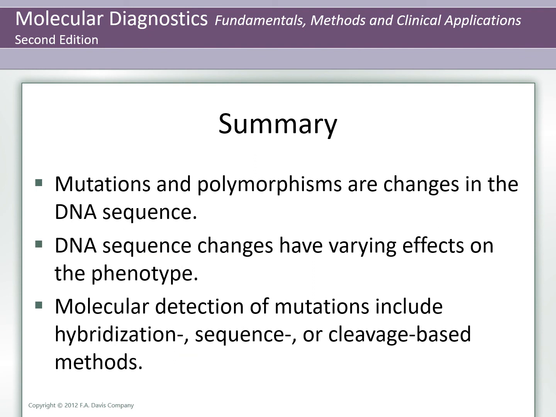A couple important points to remember that were covered in this chapter include that mutations and polymorphisms are changes in the DNA sequence. DNA sequence changes have varying effects on the phenotype, as we saw when we discussed terms such as silent mutations, substitutions, frameshift mutations, and point mutations. The molecular detection of mutations includes various techniques and methodologies, including hybridization, sequence, or cleavage-based methods.